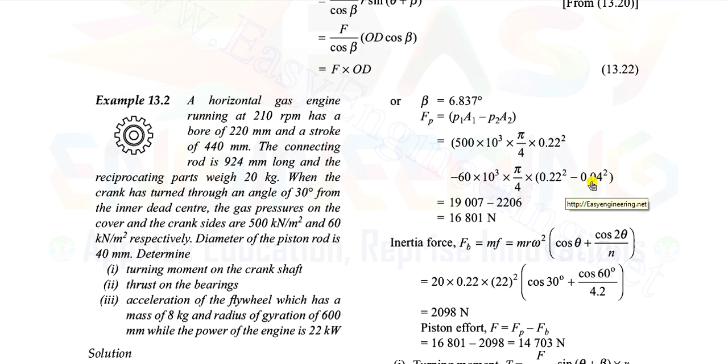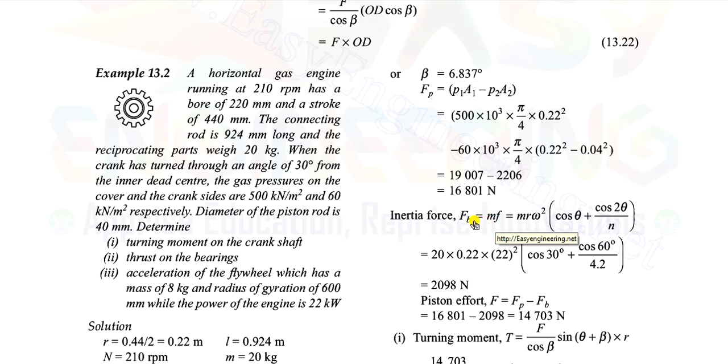That portion is not exposed to pressure. So we have to calculate A2 by this formula: pi by 4 into total diameter square minus piston rod diameter square. Once you solve this, you will get the FP value.